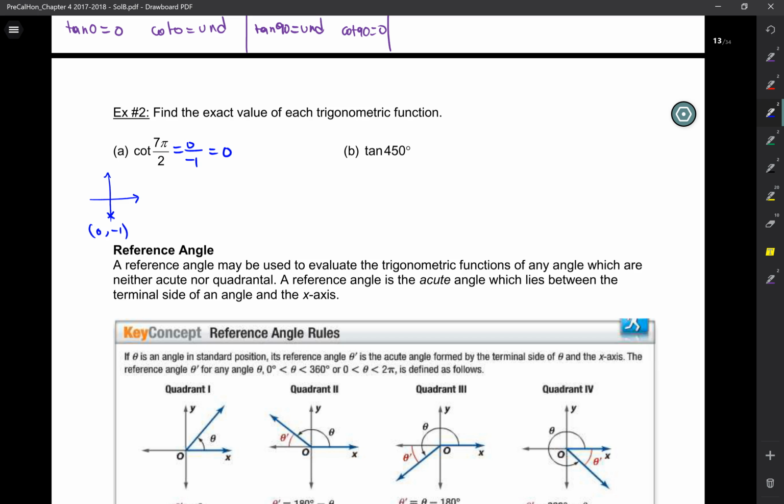Okay, so remember, if you have 0 pieces of chocolate and you're going to distribute it among 5 of your friends, how many does each get? 0. If you have 5 pieces of chocolate and 0 friends to distribute it to, that's not cool. So that's undefined. Okay?